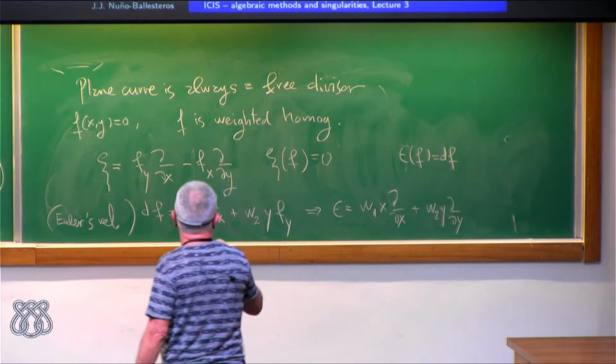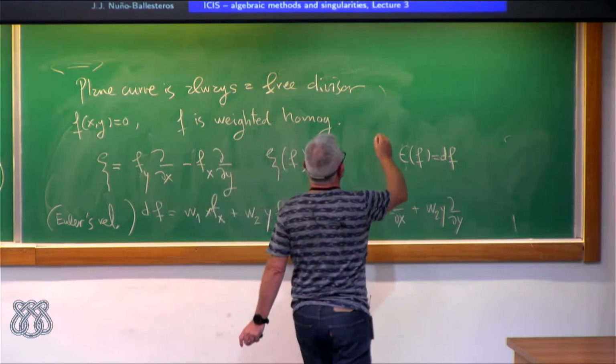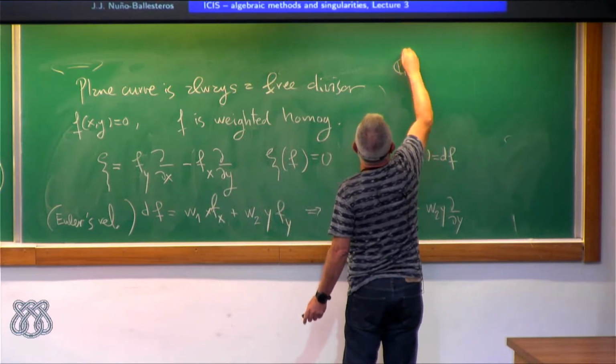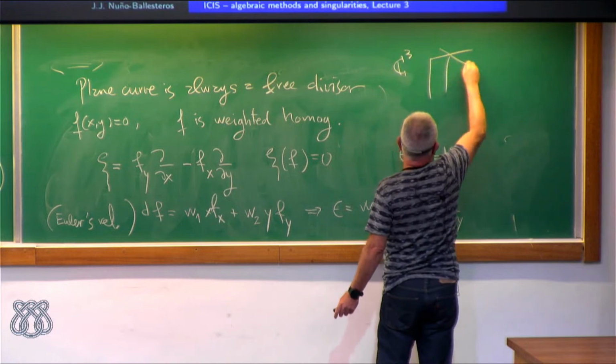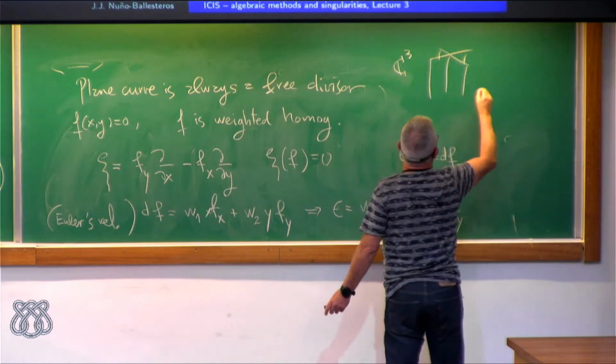So in C^3, for instance, if you look for surfaces in C^3, the transverse double point is a free divisor.